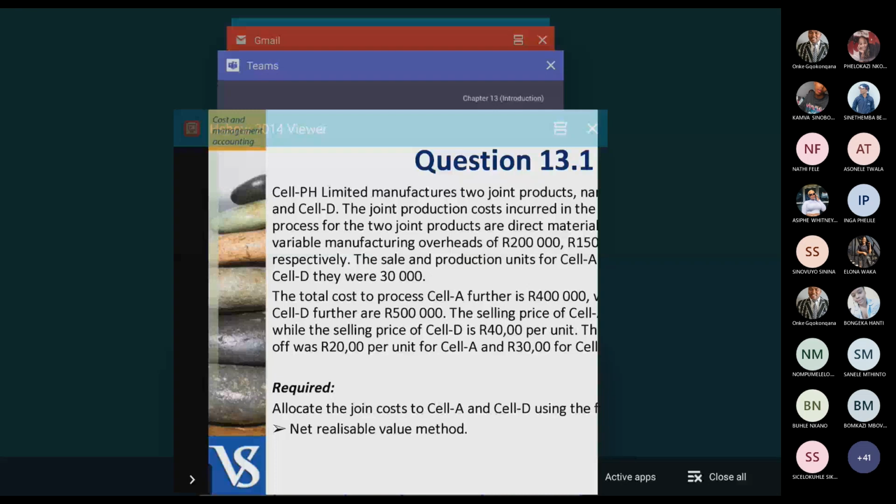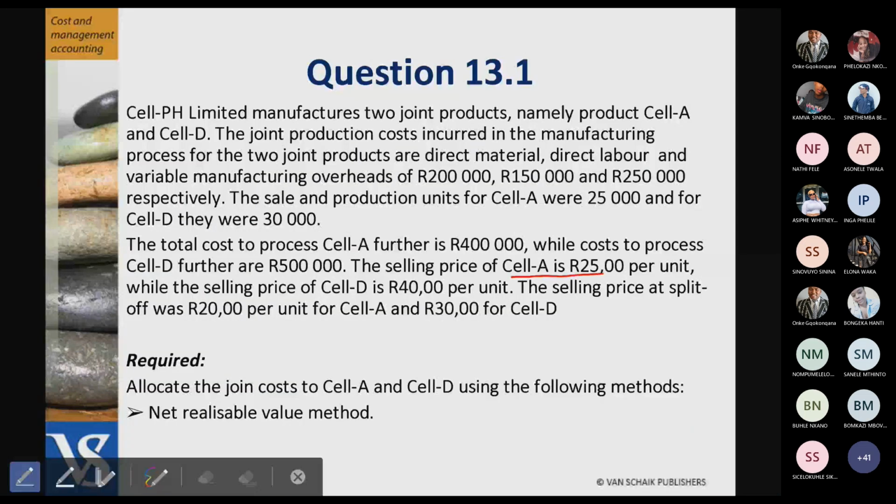What is our selling price after further process? It's given here. Sell A is 25 Rand and 40 Rand sell D. So that's the selling price after further process, 25 Rand and 40 Rand.